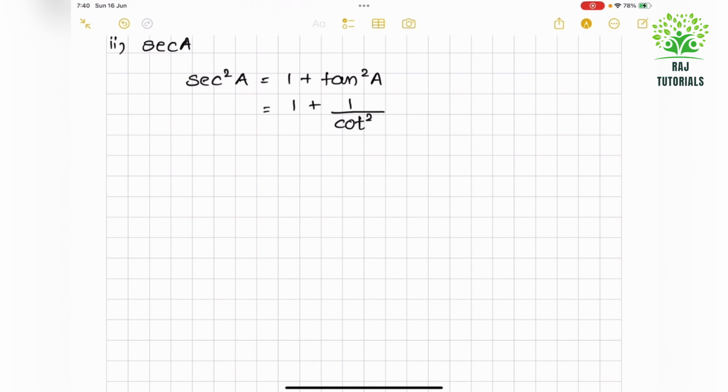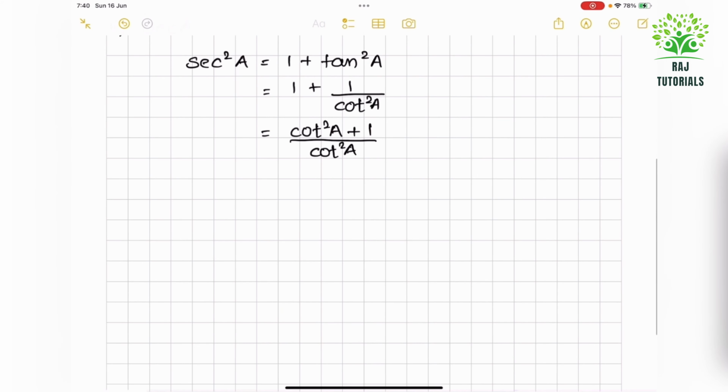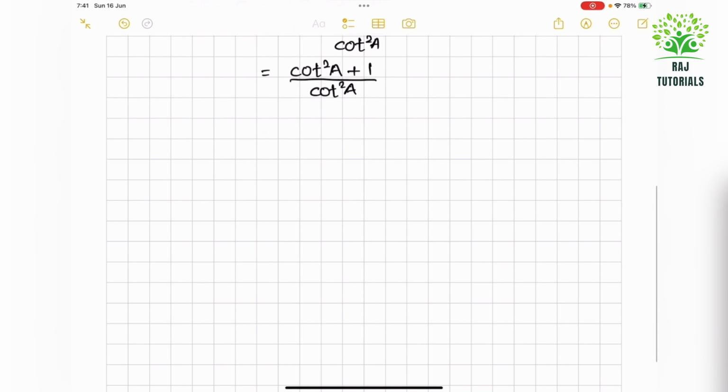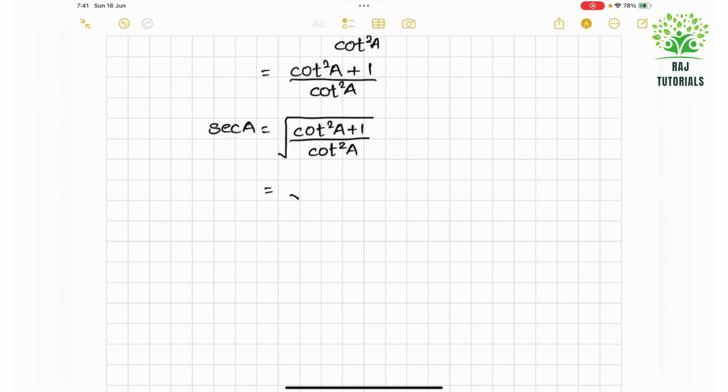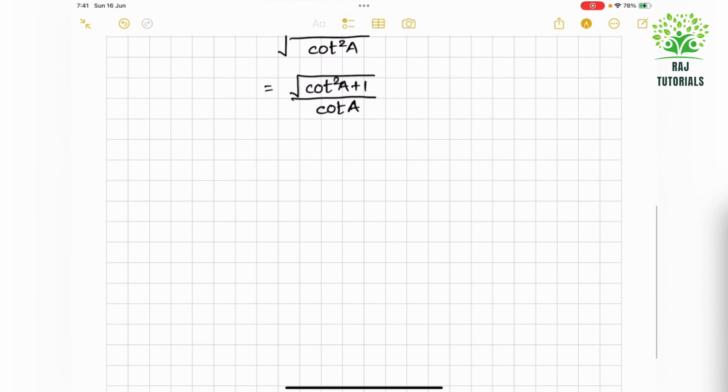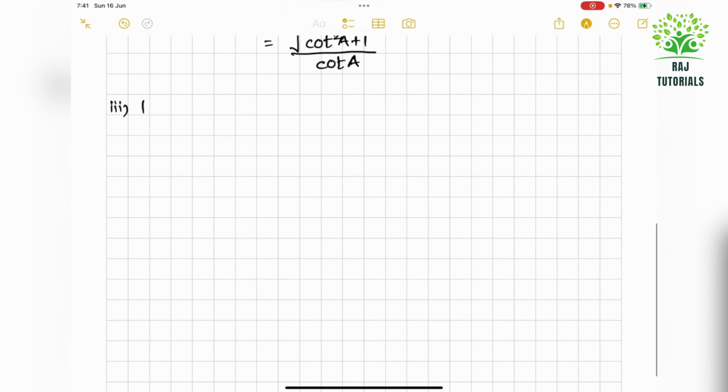Now in this identity I am writing 1 plus tan square as 1 upon cot square A. So if I make LCM, I will get cot square A plus 1 upon cot square A. So I don't want to find sec square A, I want sec A. So sec A will be square root of cot square A plus 1 upon cot square A. So if cot square A I take out of the bracket, I will get root of cot square A plus 1 upon cot A.